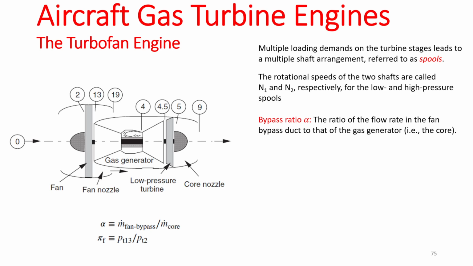So does this make sense, or is it clear? Yes. Whatever is going in here divided by whatever is going in here. And the other parameter is the fan pressure ratio, which is the ratio of the total pressure at the fan exit to that at the fan inlet.